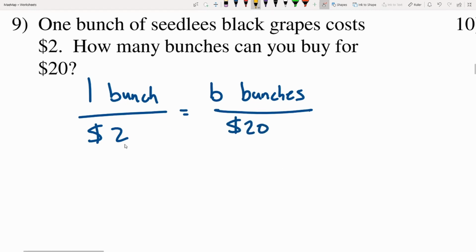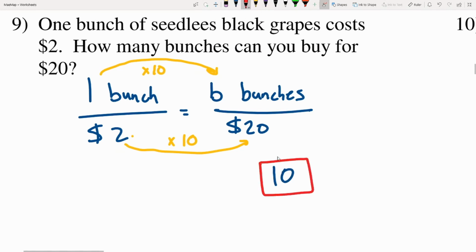So the relationship between $2 and $20 is we need to multiply by how much? 10. 2 times 10 gives us 20. So we're going to multiply 1 by 10 to give us B, that amount of bunches. And 1 times 10 is 10. So 10 bunches is what we can buy for $20.